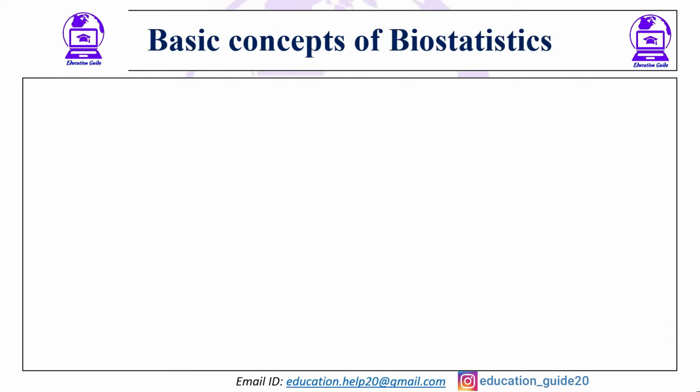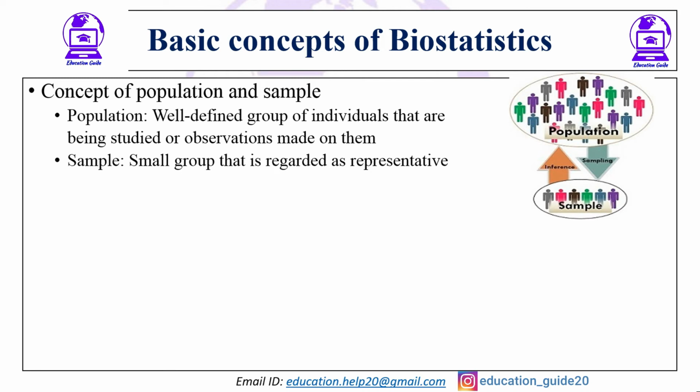After basic definitions, we should know the basic terminology used in statistics. First is concept of population and sample. Population is well-defined group of individuals that are being studied or observations are being made on them.